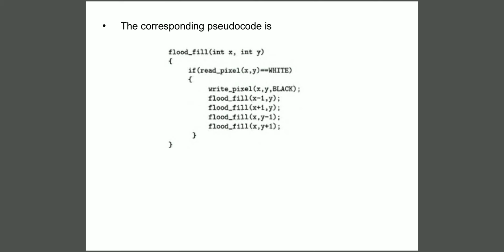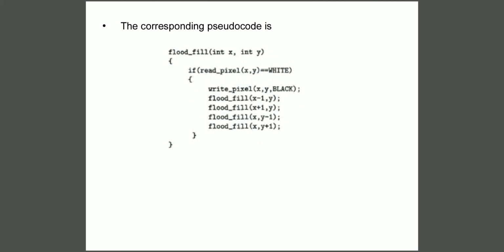To update the pixel, we use a built-in function called write pixel. This function takes three parameters. The first two parameters, x comma y, specify which pixel we are going to update, and the third parameter specifies the color with which we update the pixel, that is, the foreground color. Here the foreground color is black.